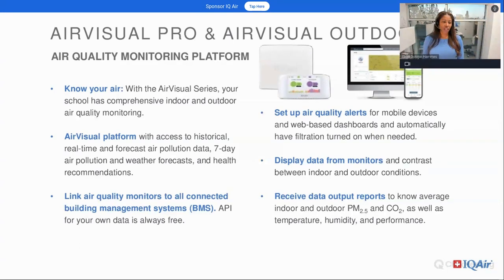Yes, and I love talking about the AirVisual Pro and the AirVisual Outdoor. We have AirVisual Pros set up indoors, we group them, and we get an average. We're pretty lucky there because we have high-end filtration, and with the clean air facility, you're able to really show off your air quality with the AirVisual Pro.